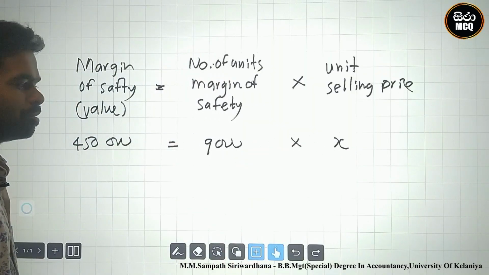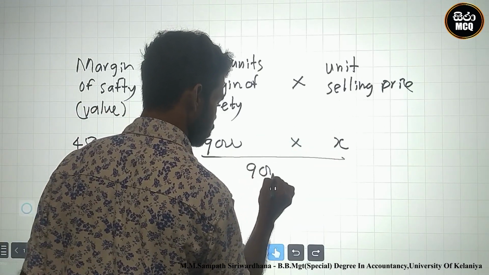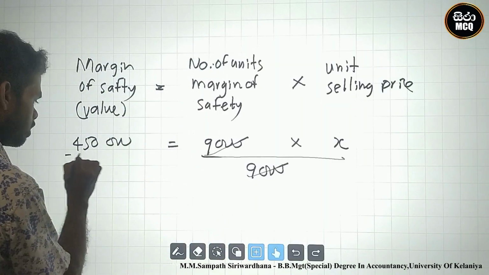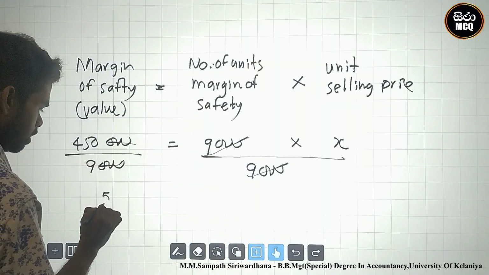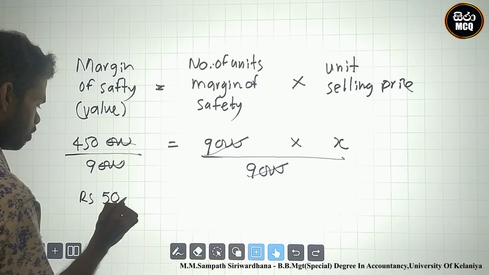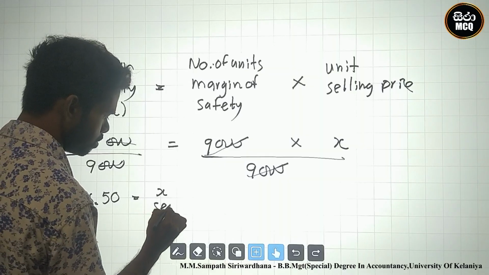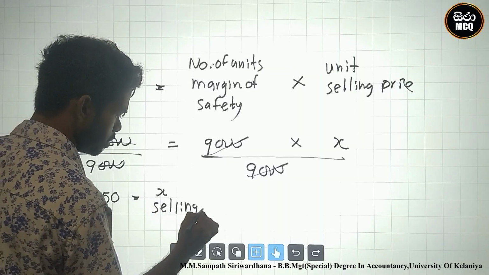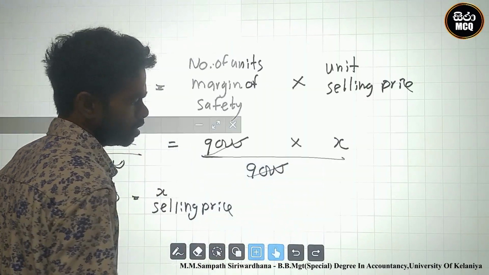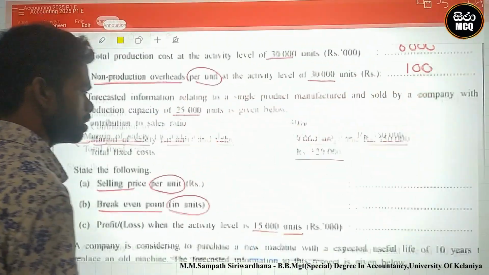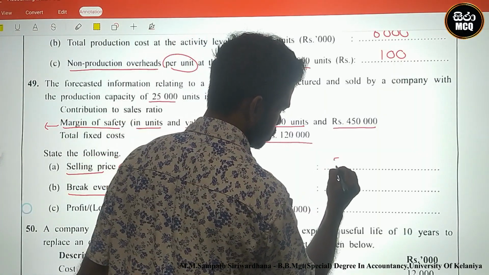Selling price is X. To identify X, I divide 450,000 by 9,000, which gives 50 rupees. So the selling price per unit is 50 rupees.